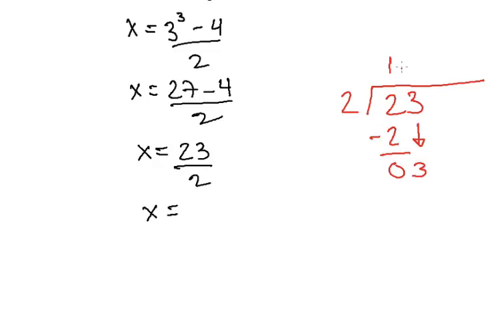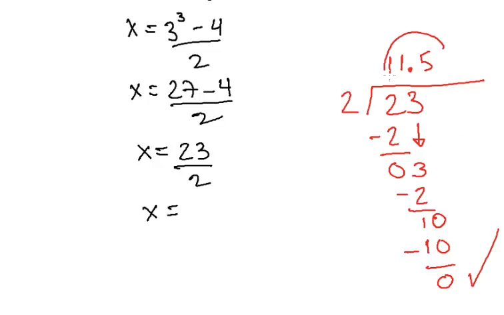This allows us to use number 1. 2 times 1 is going to give us 2. But then we get 1, so we cannot divide 1 with 2, so I'm going to use a decimal point. That's going to give me an extra 0. Now this is no longer 1, it's now 10. 10 divided by 2 is 5. That will give us 10, subtracting 0, and that's it. So the answer will be 11.5. So 23 divided by 2 is 11.5.